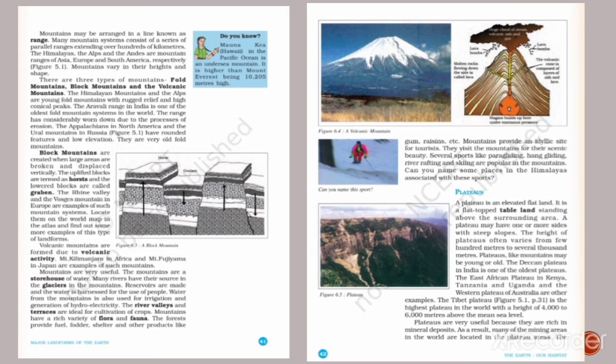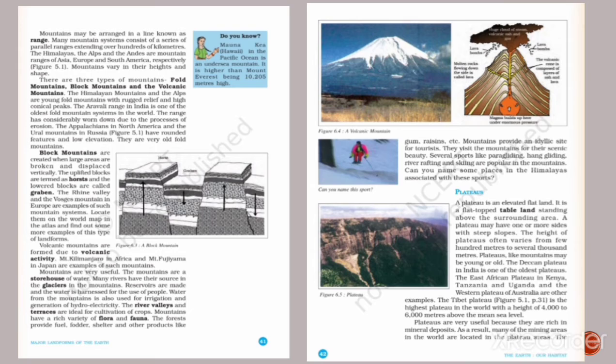Next, block mountains. Block mountains are created when large areas are broken and displaced vertically. The uplifted blocks are termed horst, and the lowered blocks are termed graben. This form of landscape can be seen in the Rhine Valley in Europe.